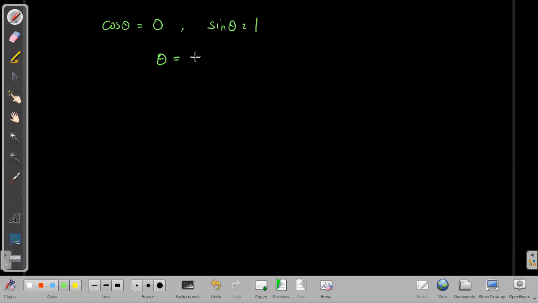So this theta must be n plus half times pi, where n can be 0, 1, 2, etc. Then what is theta?